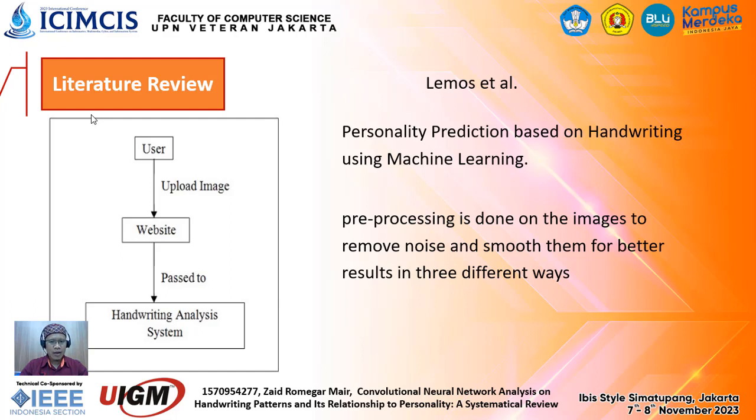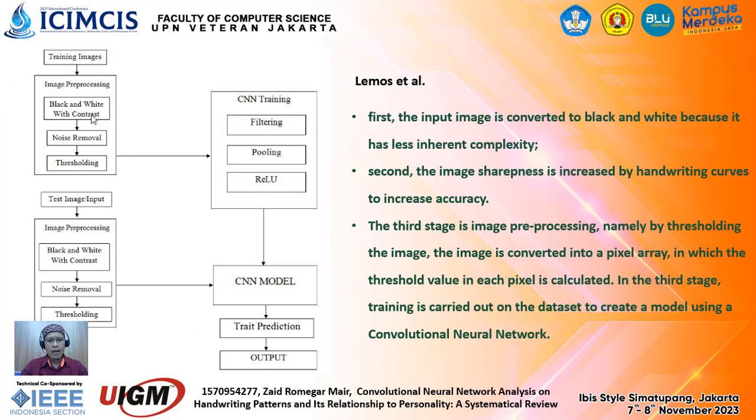The processing is done on the image to remove noise and smooth it for better results in three different ways. First, the input image is converted to black and white because it has less inherent complexity. Training for image processing uses black and white with contrast, noise removal, and thresholding.